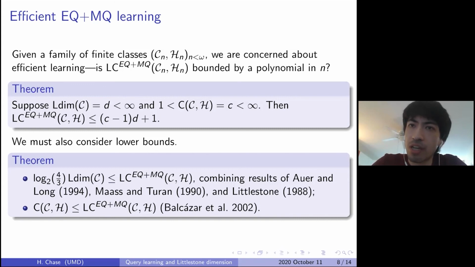I know that there are examples where the consistency dimension as a lower bound is tight, can be achieved. The Littlestone dimension as the lower bound is a little bit tricky because of some of the weird constructions of how Littlestone dimension behaves if you split a concept class into two.